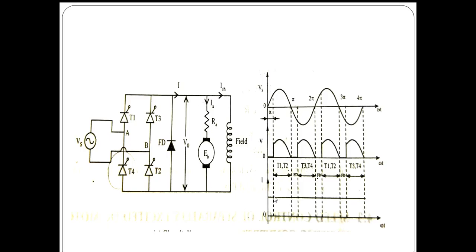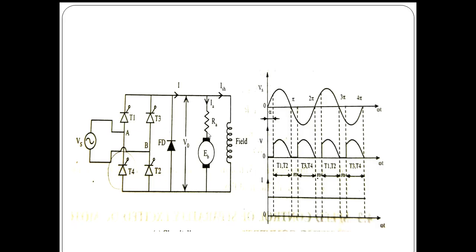So the output current waveform will be like this. Again from 2 pi we are getting the positive half cycle and the process will repeat. So this is how the speed control of a DC shunt motor by using a full wave fully controlled converter will be done.